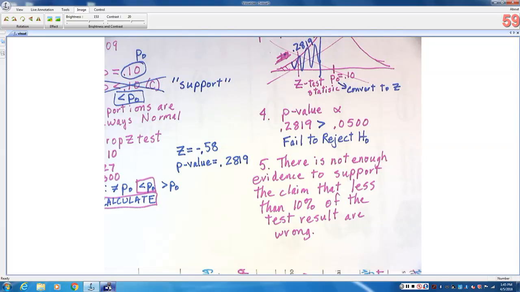And then we're in this court. So there is enough evidence, or there's not enough evidence. Less or greater than alpha. Enough evidence to support, or not enough evidence to support.